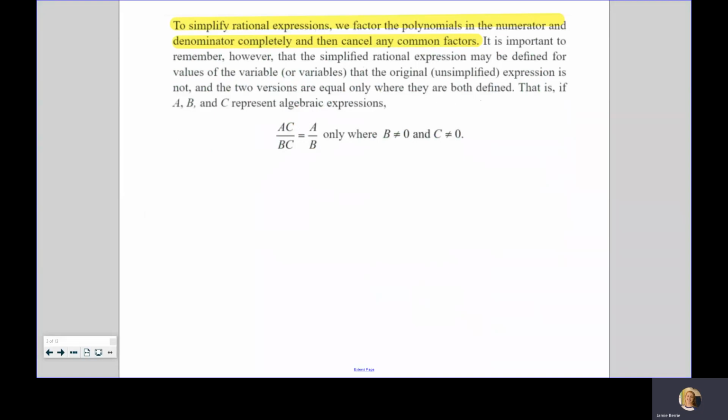All right, so that means that once you simplify something, you may have canceled out some things that would make the denominator 0. All right, so you always want to start with that unsimplified rational expression and determine where it's undefined. So always start with the unsimplified rational expression when you're figuring out where that rational expression is undefined.